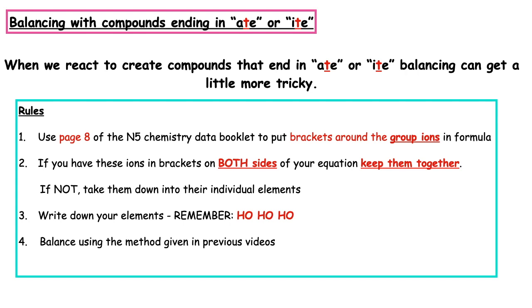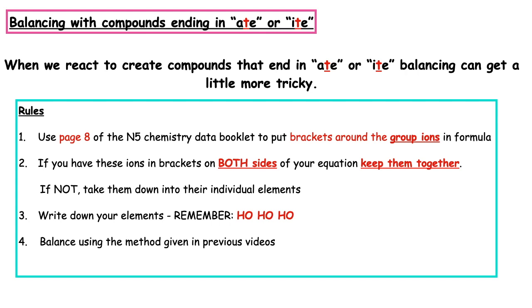Number 2, if you have these group ions in brackets on both sides of your equation, so that's the reactant side and the product side, we keep them in the brackets. If we do not have both group ions on either side of the equation, we have to take them down into their individual elements.